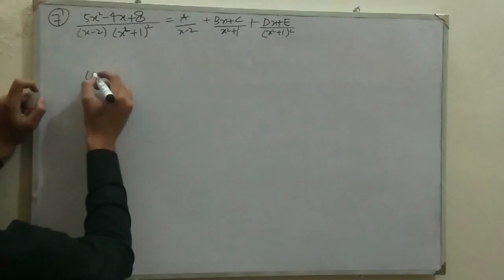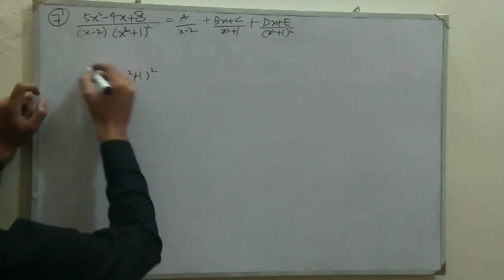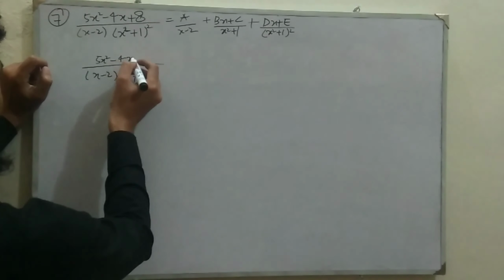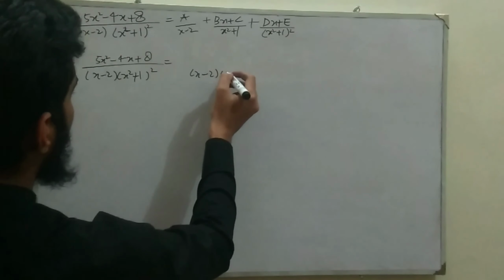Taking LCM, x minus 2 times x square plus 1 whole square on both sides. So 5x square minus 4x plus 8 on this side. So taking LCM, x minus 2 times x square plus 1 whole square.